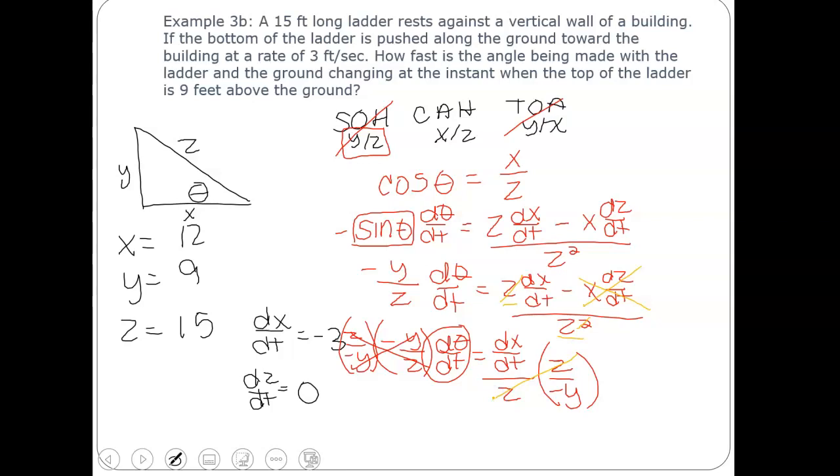So this would be a non-calculator question because you don't need it. You get d theta dt equals dx dt, which is negative 3 over negative y, where we get 1/3. Here's the trickiest part. We're talking about theta. Theta is a radian. So it's 1/3 radians per second.